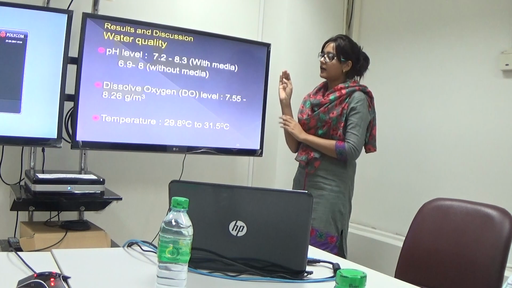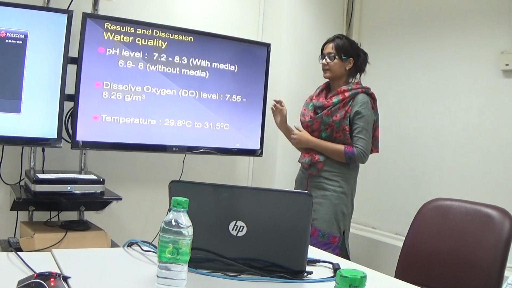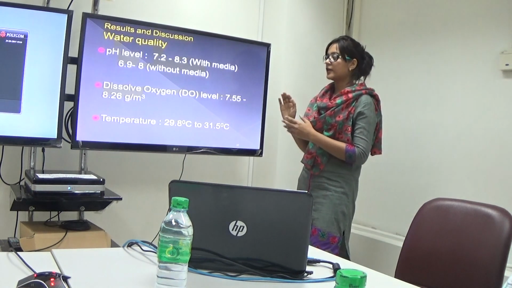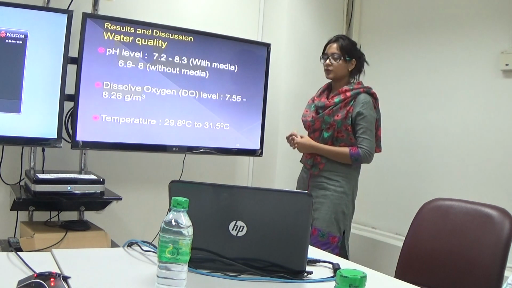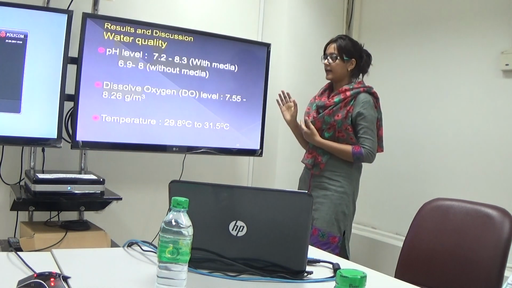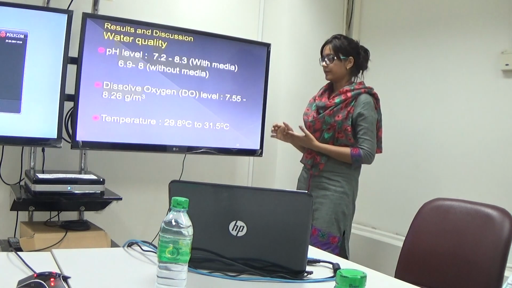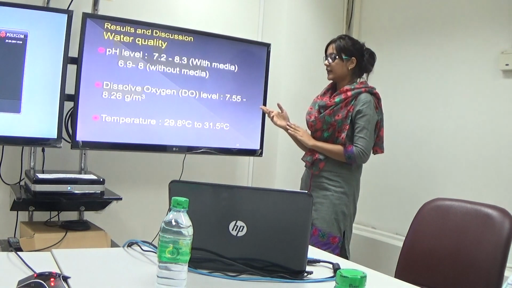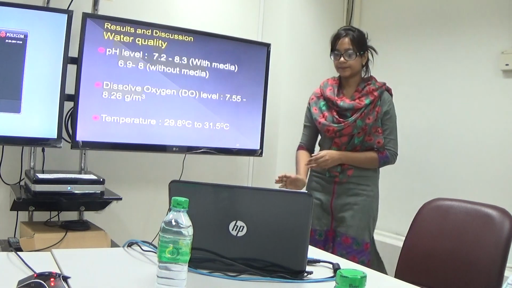This is a little less than with media, but not too much different. And dissolved oxygen level is 7.55 to 8.26 gram per meter cube. This is also good for the nitrification process, so we don't have to add anything to increase or decrease the pH and dissolved oxygen. And the room temperature is 29.8 degrees to 31.5 degrees Celsius.